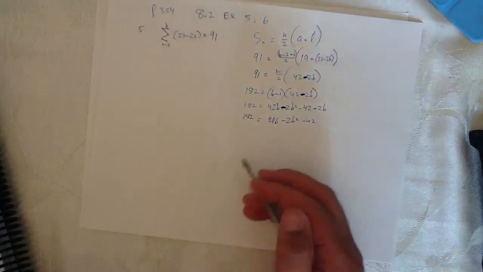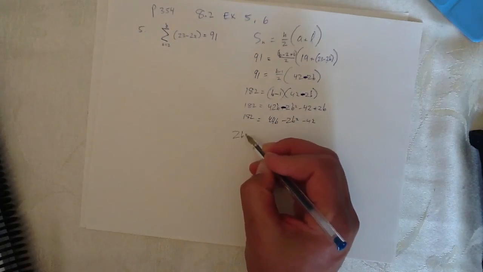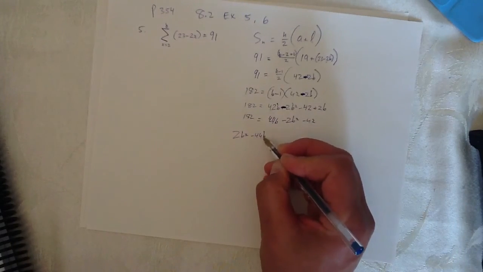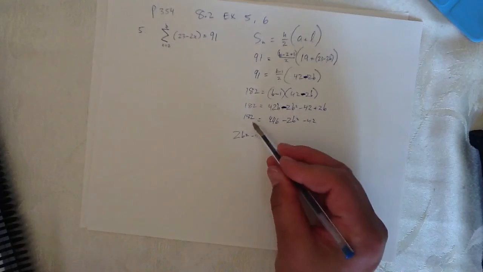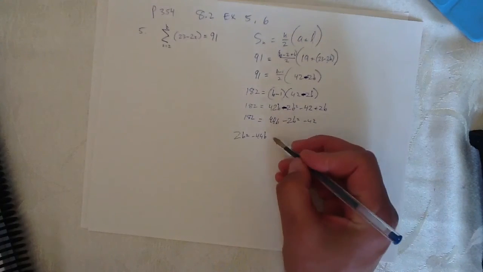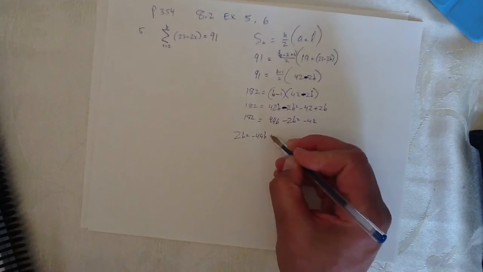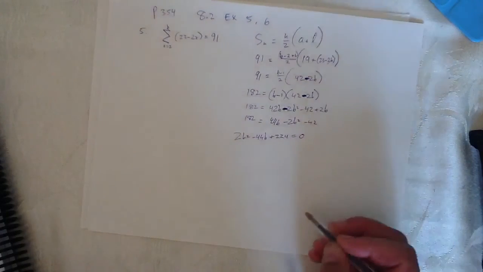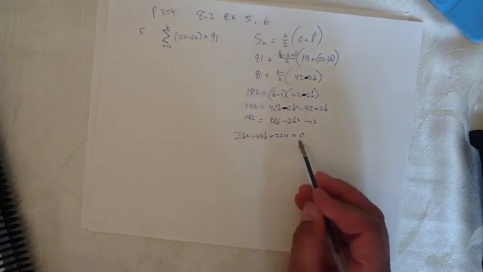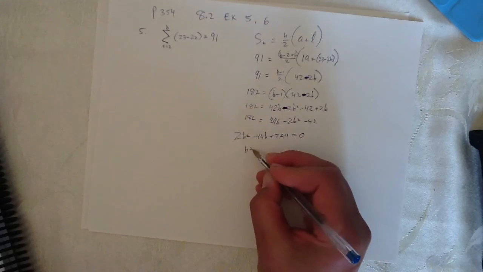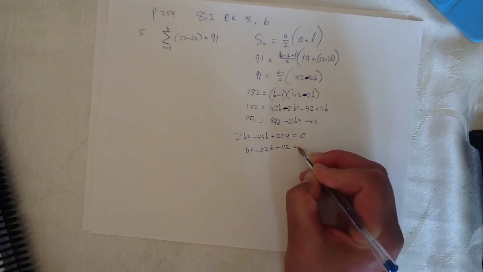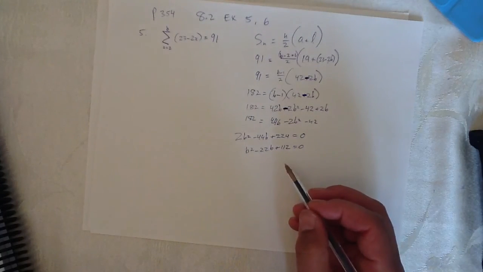Let's move it all over to the left-hand side, and I get 2b squared minus 44b plus 224 equals 0. I can simplify this by dividing both sides by 2, and I get b squared minus 22b plus 112 equals 0.